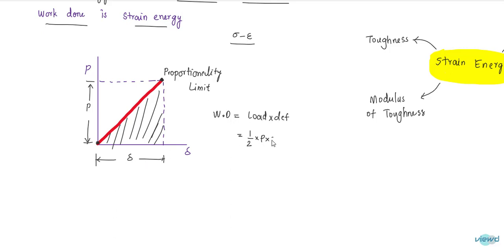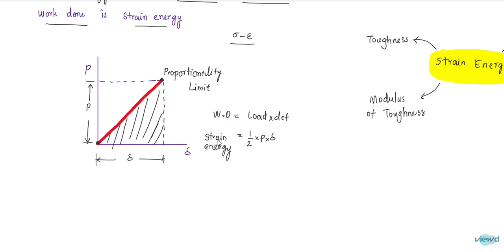So half into P into delta. This gives us the work done, and this work done is called strain energy. And the strain energy is equal to half into P into delta in case of a gradually applied load. So remember this, only when it is a gradually applied load, strain energy is half into P into delta.